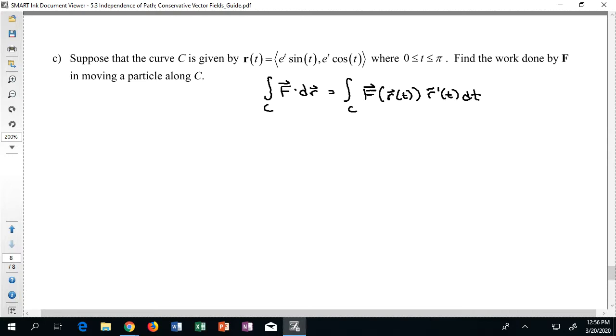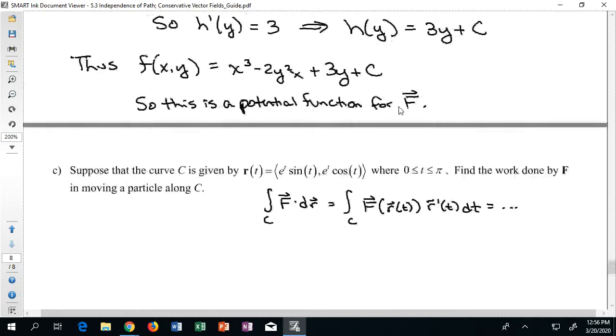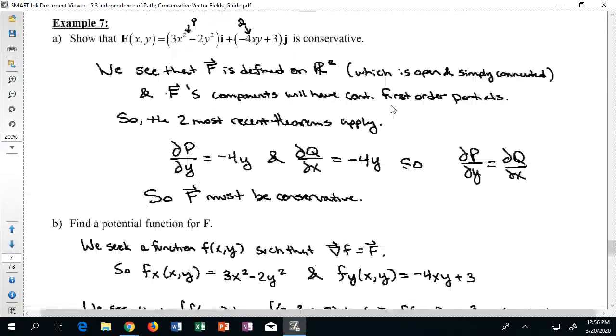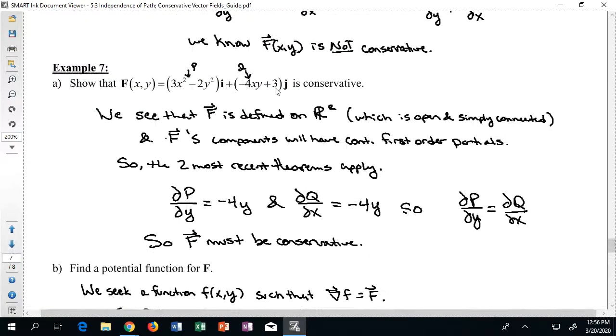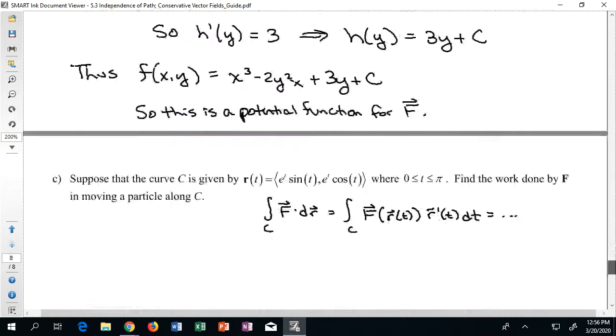I can do it this way. That's totally possible. But just think about how terrible it's going to be to first take the derivative of this. Think about how terrible it's going to be to plug these formulas for x and y into what this vector field actually is. It's going to be horrific. I don't want to do that.